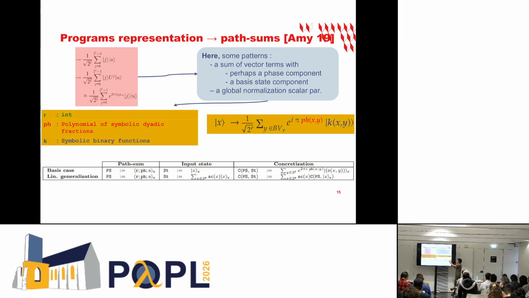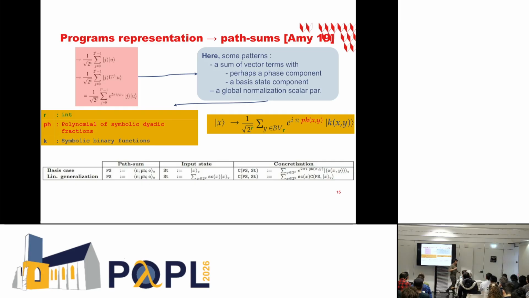Each time the state is described as a sum of vectorial terms, and each term is maybe a phase parameter together with a function pointing to the computational basis. And so we have this sum, and then it is normalized by a constant factor.